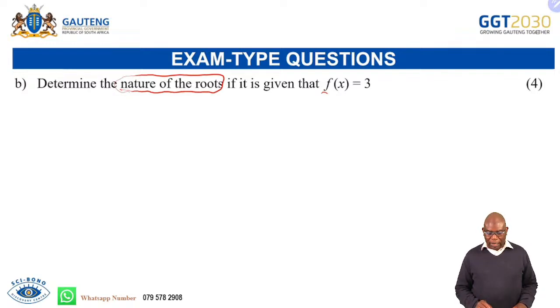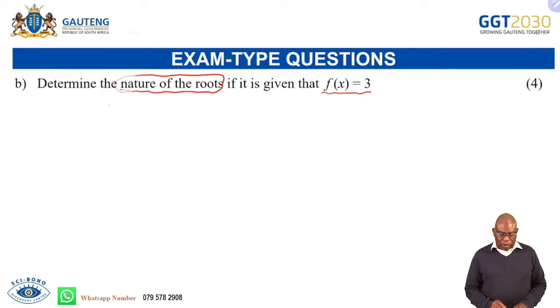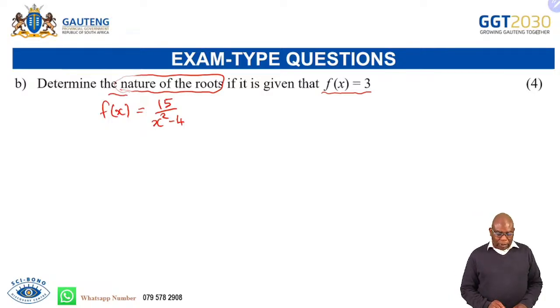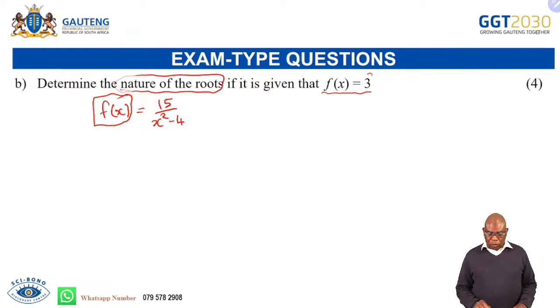If it is given that f of x is 3, so remember our equation was f of x equals 15 over x squared minus 4. But they're telling us now, we need to find the nature of the roots if that whole thing, f of x, equals 3.